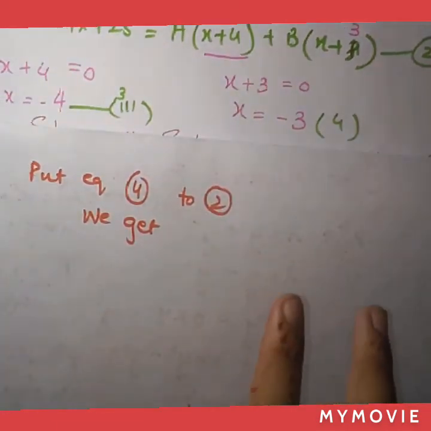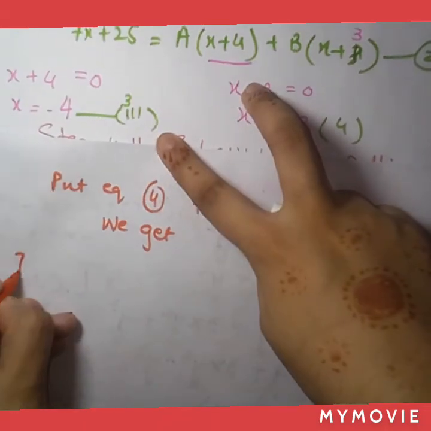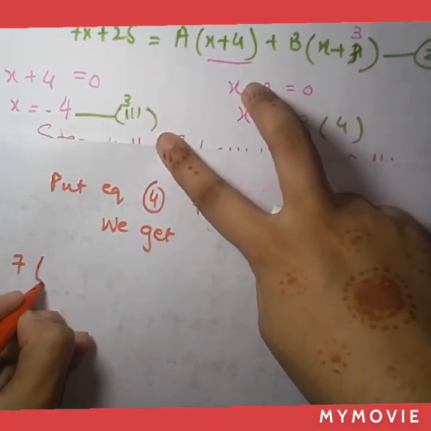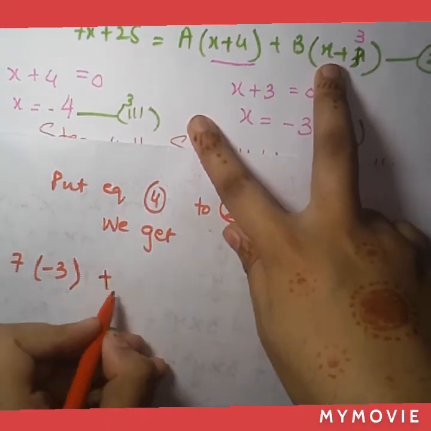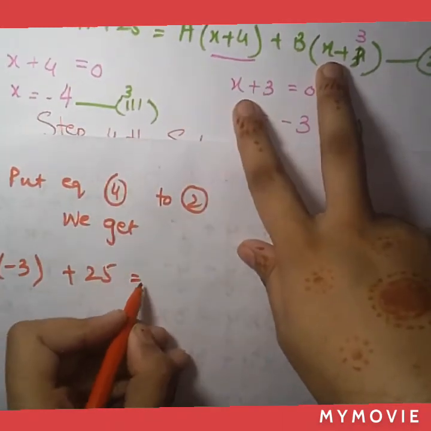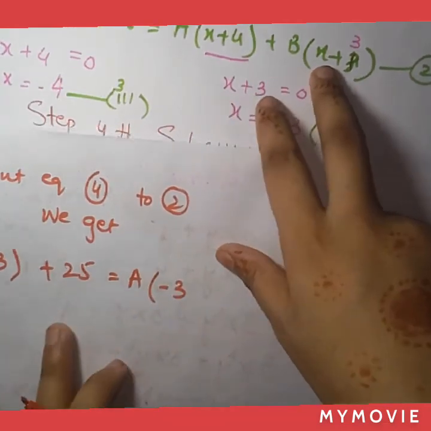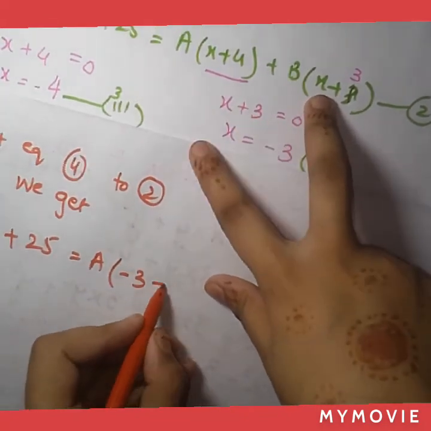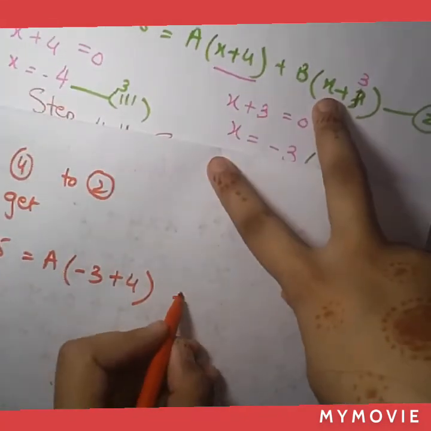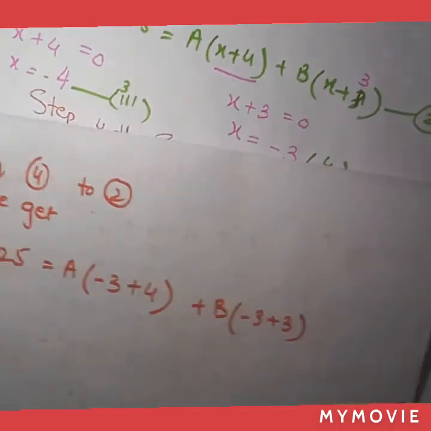Then 7 into minus 3 plus 25 is equal to a times x plus 4 with x equal to minus 3, plus b times minus 3 plus 3.